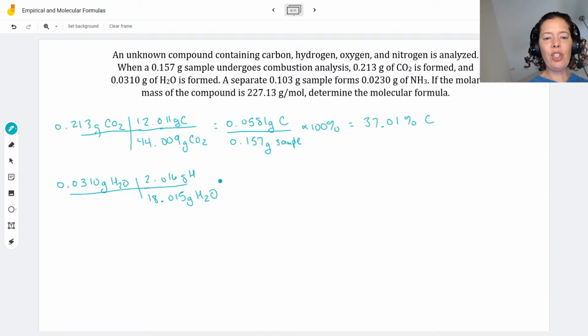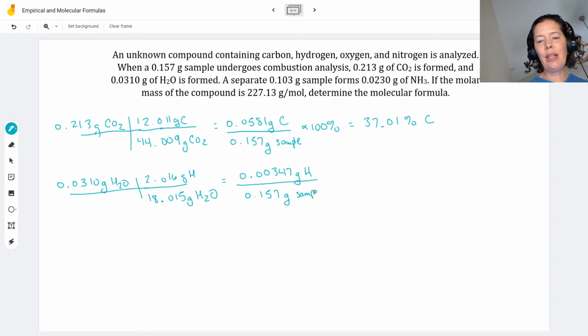That gives grams of hydrogen. If I do that calculation, I get 0.00347 grams of hydrogen. Again, this was the same sample as for my carbon, so this is the mass of the sample that I'm going to use, times 100%. And this gives me 2.21% hydrogen.